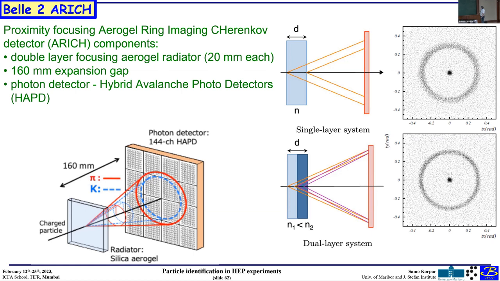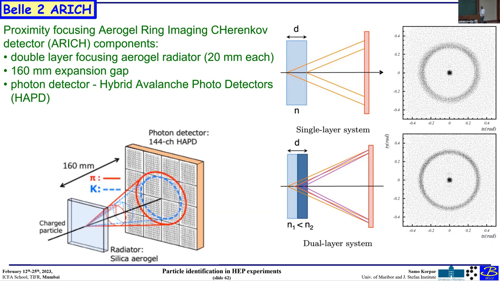So finally, we came up with the idea to use two different layers of aerogel, because you can engineer the refractive index of aerogel in a way that rings from the one and the other layer overlap on the detector. In this way, we focus with the radiator instead of with the focusing system, which is not a perfect focusing, of course, but it works well enough for lower momenta and angles also, not only in this perpendicular case where it's perfect.